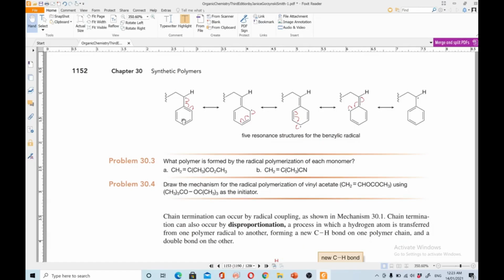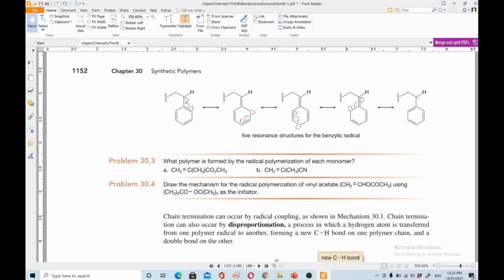So 1, 2, 3, 4, 5. These are the 5 contributing structures, or the 5 resonance structures, that can be drawn for the benzylic radical. And now for you guys to do some exercise.